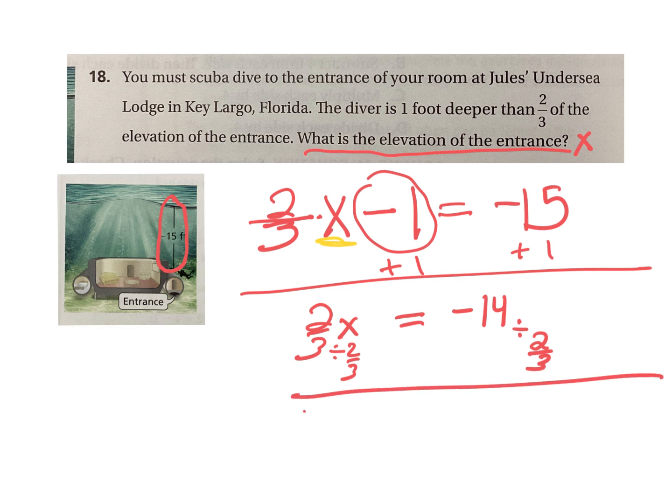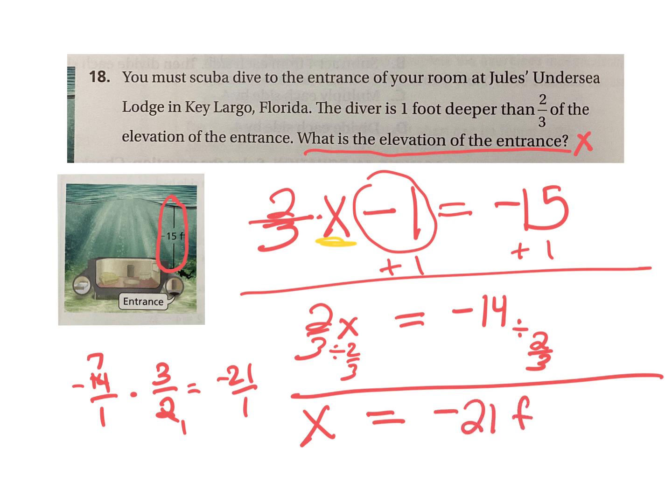When I do that, it gets me x equals negative 14 over 1, divided by 2/3, we're going to multiply by the reciprocal. I can cross simplify a little bit here. -7 times 3 is -21 over 1, which is the same as -21 feet. So the elevation of the entrance is -21 feet.